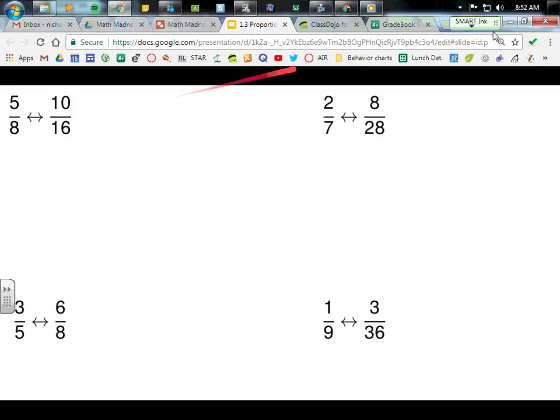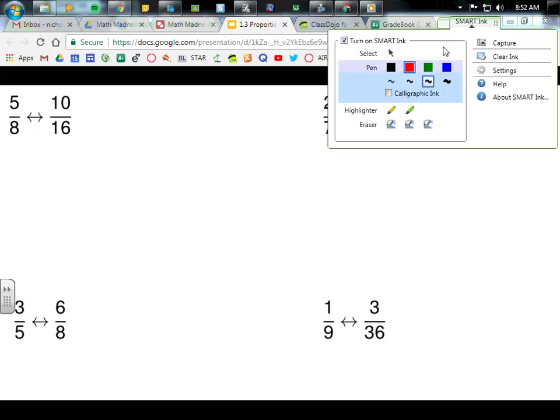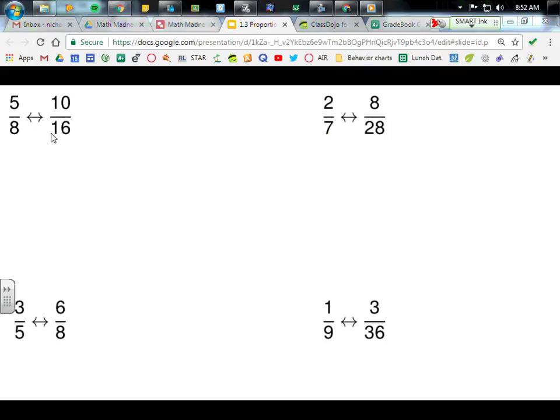We're going to test all of these real quick to see if they are proportional, these pairs of ratios. So this set of ratios here, 8 times 10 and 5 times 16. 8 times 10 would come out to 80, and 5 times 16 would also come out to 80. So this is a yes. They are proportional.